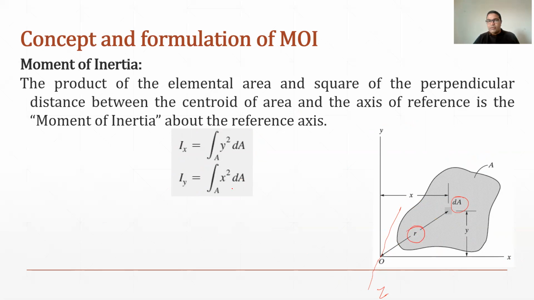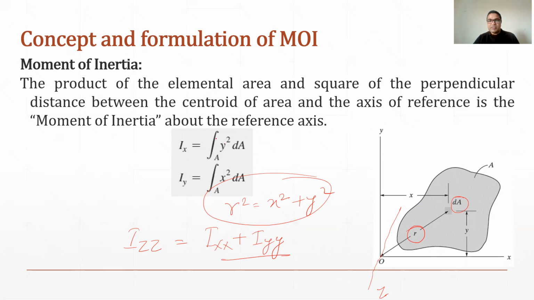So this r can be written as r square equals x square plus y square. With this relation, we can write that the moment of inertia Izz can be written as Ix plus Iy.